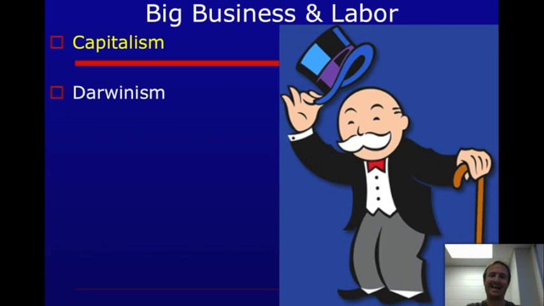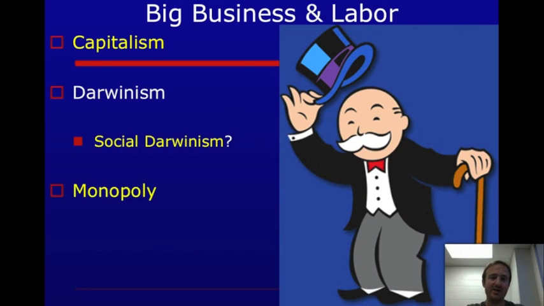It has to adapt. For business, this idea is labeled social Darwinism, and the idea here is that if a business cannot adapt to the climate of business that it is in, then that business will die off. It can't compete. So monopolies are considered a good thing in the late 1800s.